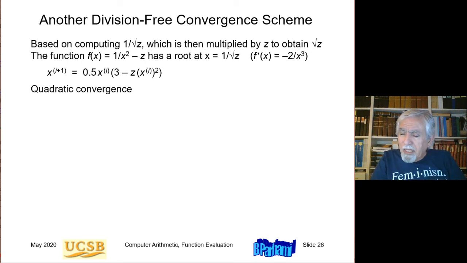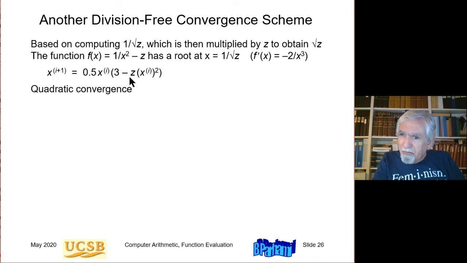So this is the preferred method nowadays. It's actually based on computing not the square root of z, but 1 over the square root of z. But once I have 1 over square root of z, I can simply multiply it by z to get the square root of z. So I need one extra multiplication at the end if I compute, instead of the square root of z, 1 over square root of z. And it turns out that the function for this is pretty convenient.